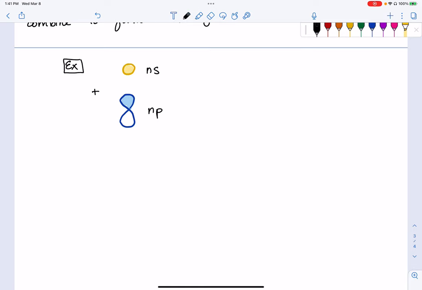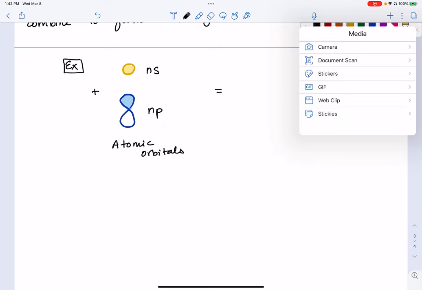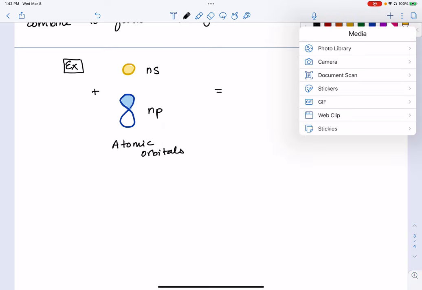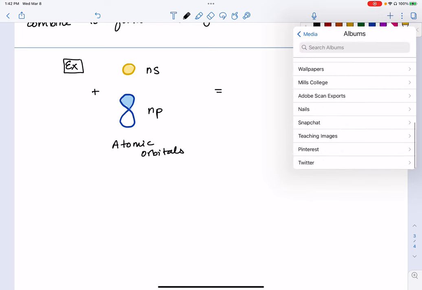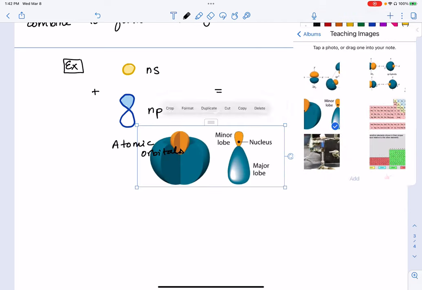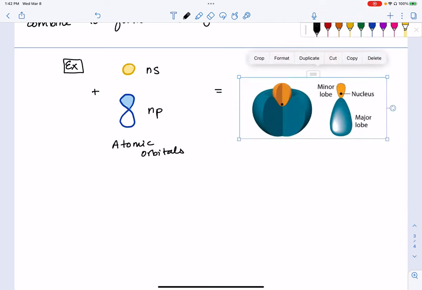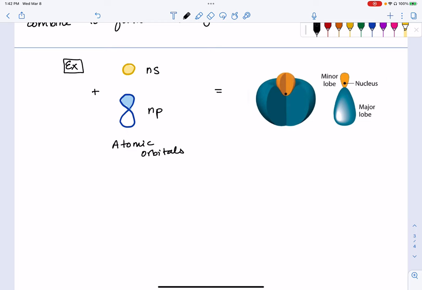When I perform this combination of my regular atomic orbitals, I generate my hybrid orbital, which looks something like, as you'd imagine, a combination of the two. So let's see what that looks like. Over here on the right is the result in two dimensions of what we would see here.